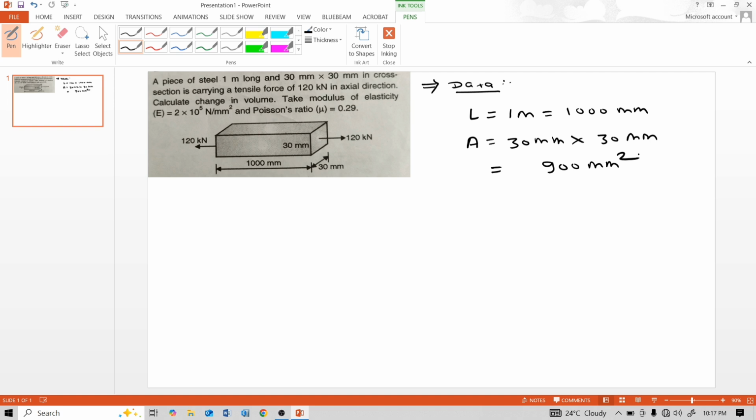Poisson's ratio mu is equal to 0.29. And modulus of elasticity E is equal to 2 into 10 raised to 5 Newton per mm square.